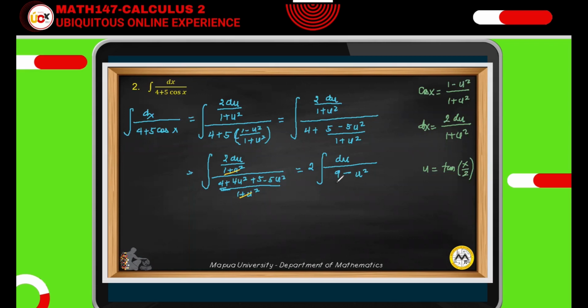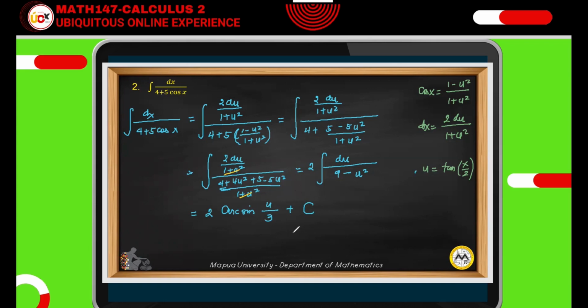Now, a squared is equal to 9. Therefore, a is equal to 3. Hence, the integral is 2 times arc sine of u over a, so u over 3, plus the constant of integration.